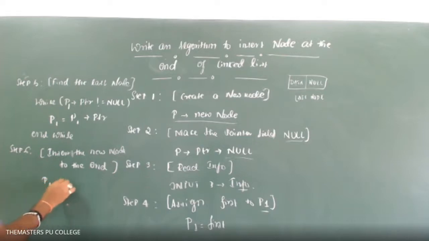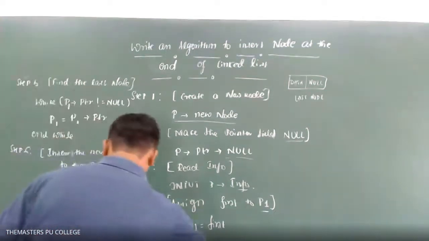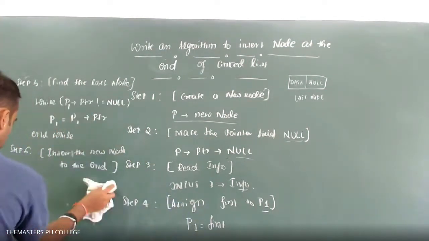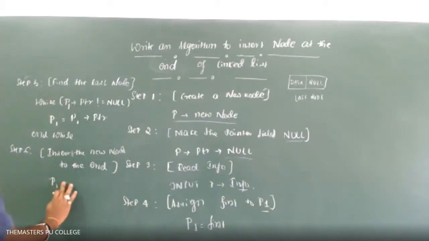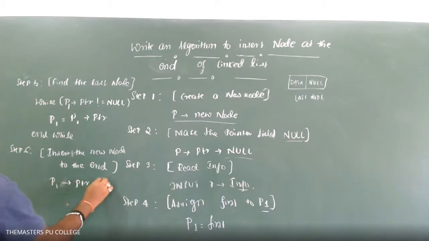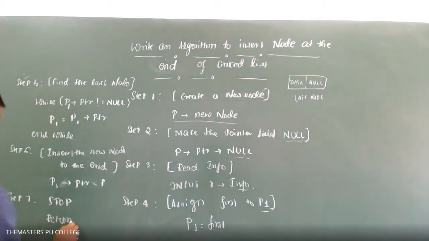So P1 PTR is equal to P. Then you stop. Step number 7 is you need to stop here and then return to the first.